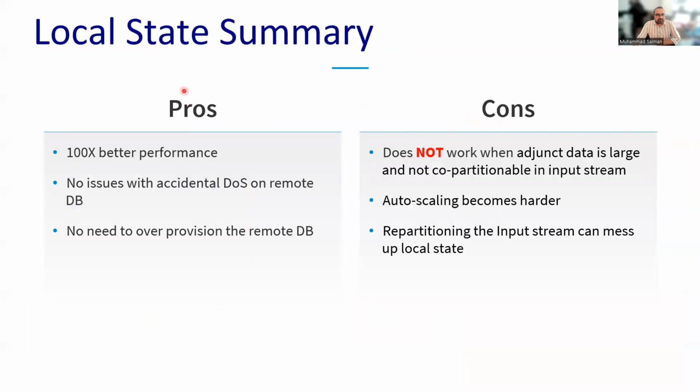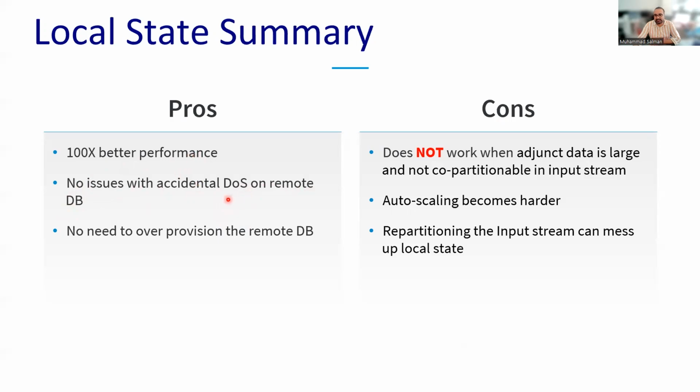So what are the pros and cons of the local state? The local state has 100 times better performance, as we will see in a while, and it has no issue with accidental denial of service on a remote DB, since it is local.